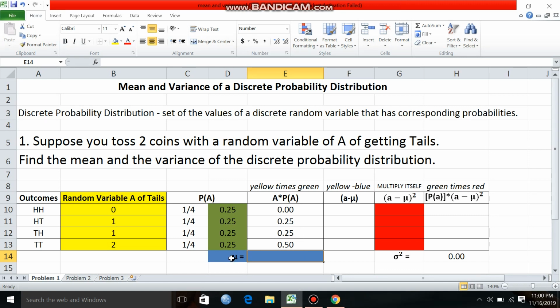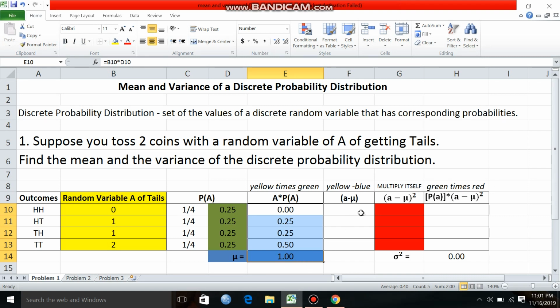Then to compute for the mean, we simply add these numbers. So the mean is 1. Meaning to say, the mean of flipping 2 coins with a random variable A of getting tails is 1.